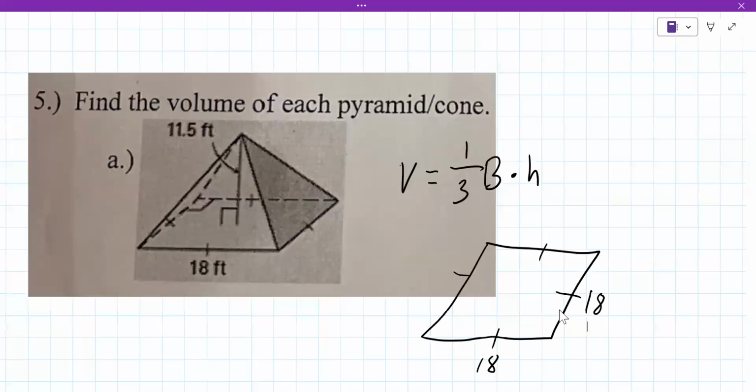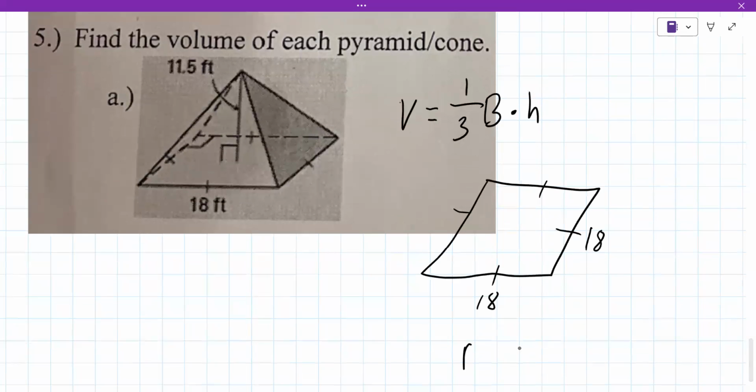Eighteen times 18, 324. So the area of the base is 324. We're going to use that when we find other things.